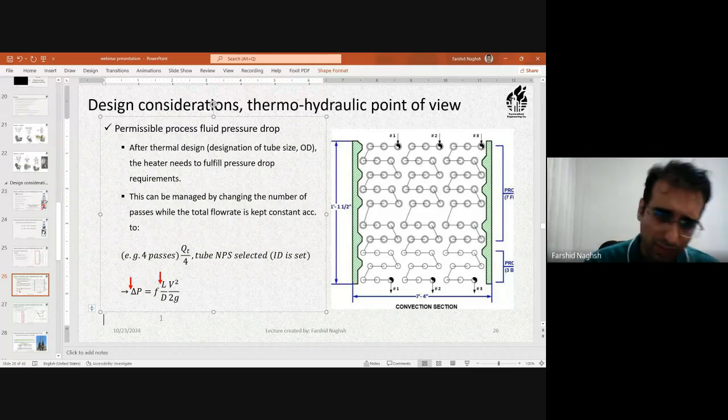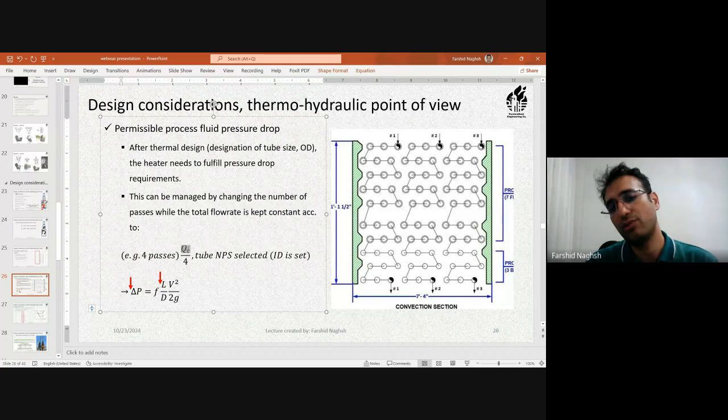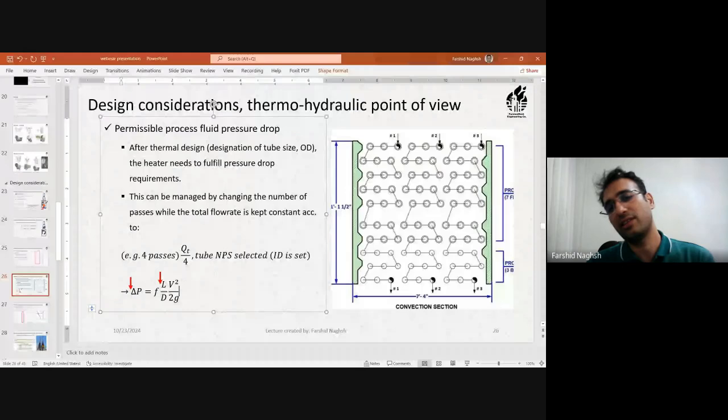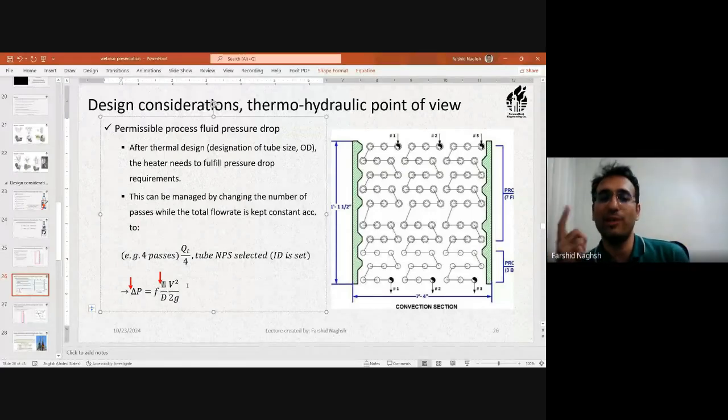So for example, if I decide to divide the total flow rate into 4 passes, and I have selected the nominal pipe size based on thermal design, I reduce the length of the tube that the fluid passes.